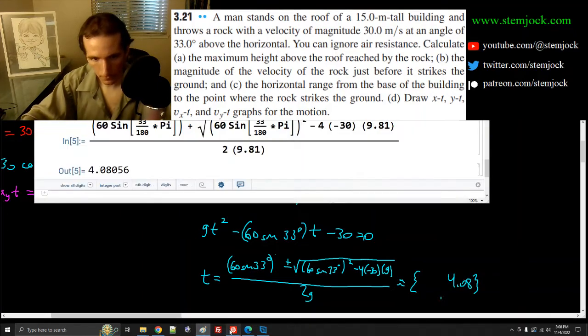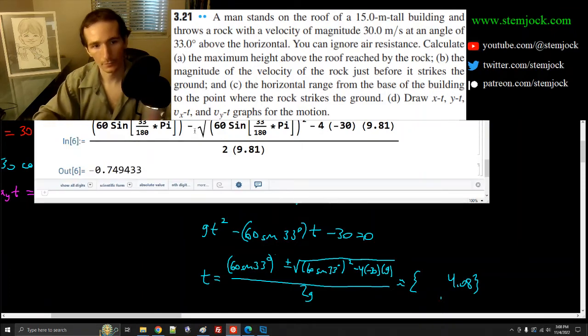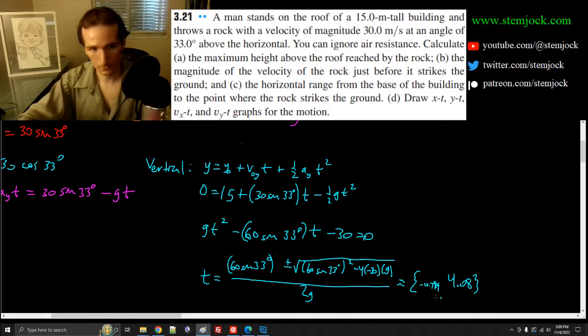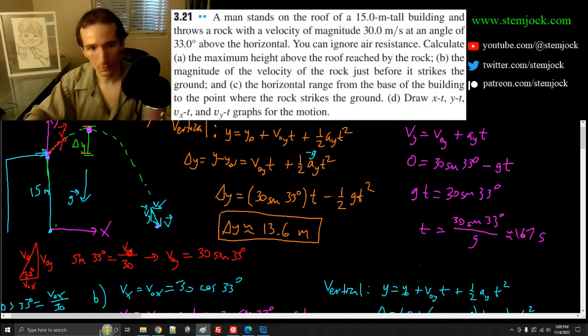And now for the minus sign, what do we get here? Okay, so negative 0.749. Because this is negative, we can automatically discard it, because we assume that the rock at this point is at t equals 0, so it should be at a positive time when it hits the ground.